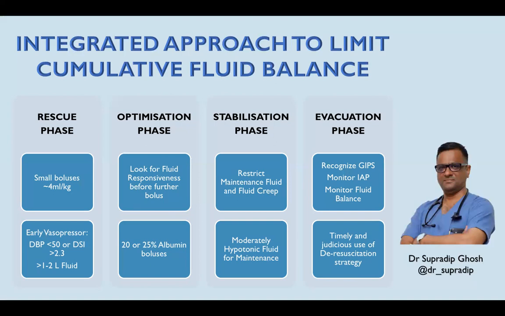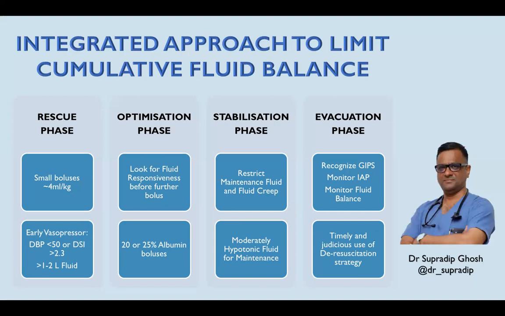Furthermore, we can also reduce cumulative fluid balance by reducing something called fluid creep. Fluid creep is nothing but the diluent we use for delivering different drugs in the intensive care unit. Now, this diluent can be reduced significantly if we actively look for it.